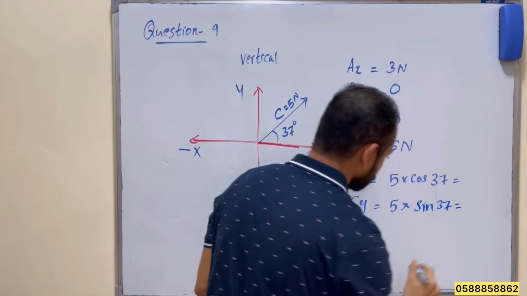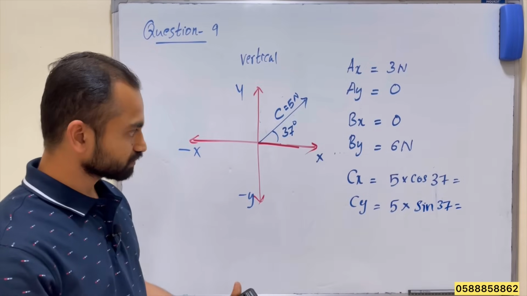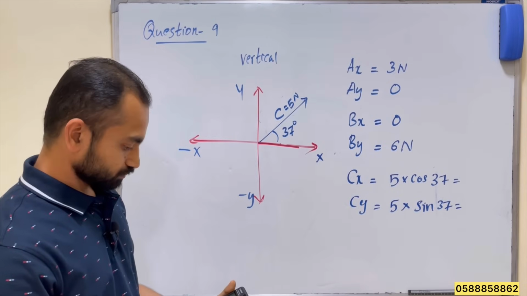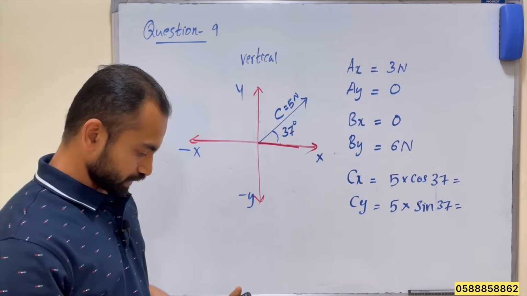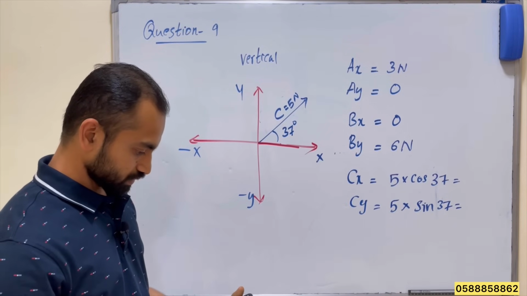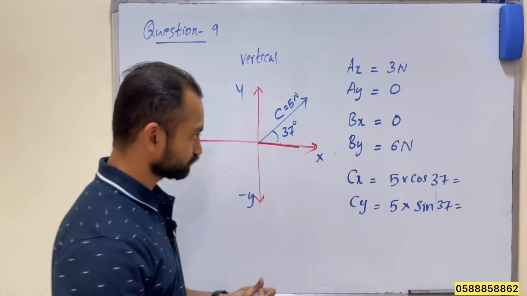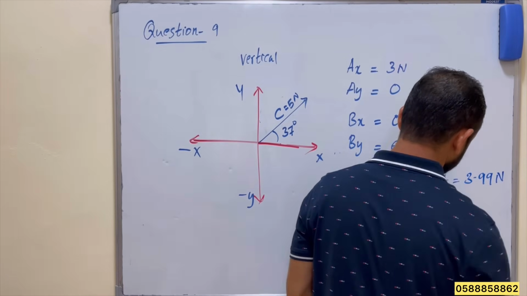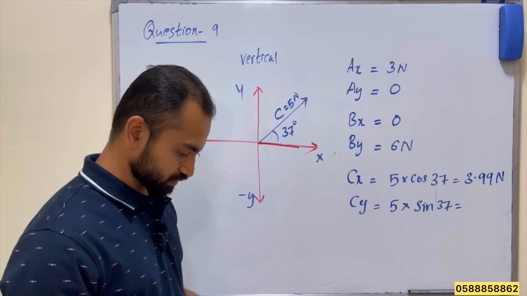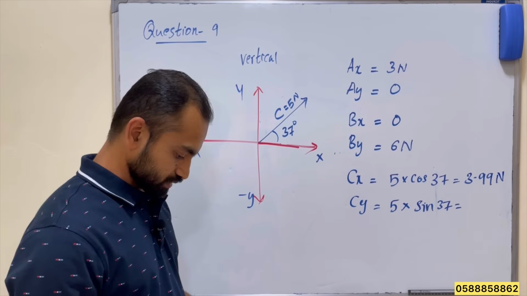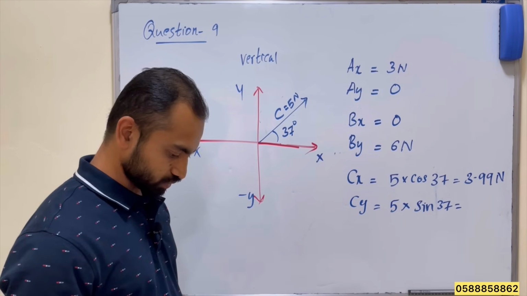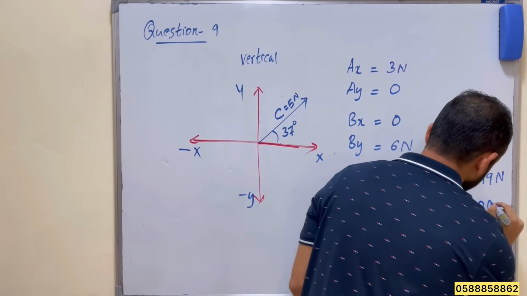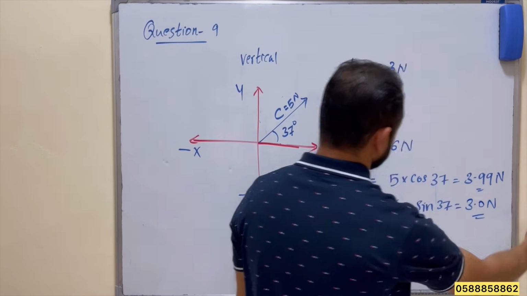Sine 37 equal to what? 5 multiplied by cos 37 equals 3.99 Newton. 5 multiplied by sine 37 equal to what? Equal to 3.0. Okay.